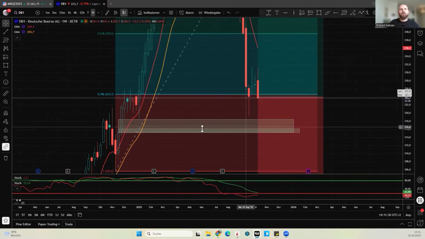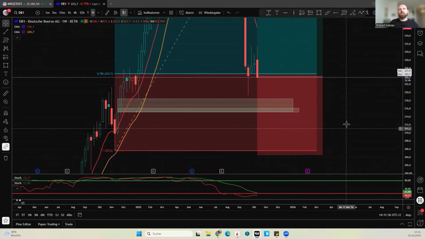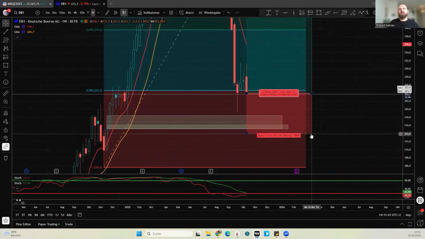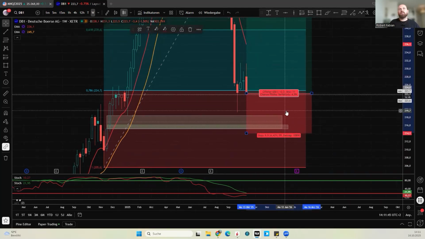If the market comes down, I am expecting it maybe to 50% of this range. And we will put our stop loss here under this area. Okay, we go up to 5. That's great. So our stop loss will be at 214 euros.